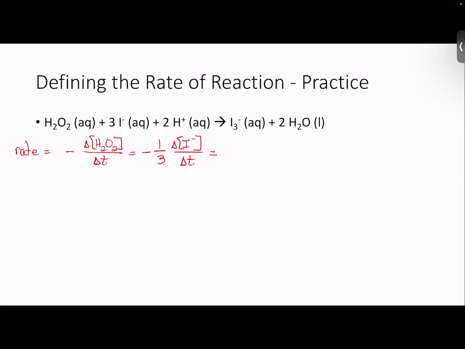That's going to be equal to our hydrogen ion concentration over a change in time. Again, it's going to be negative because it is disappearing, and we take into account the coefficient by making a fraction. That is also equal to the product, so the triiodide ion over a change in time, but now it is positive because the products are forming.